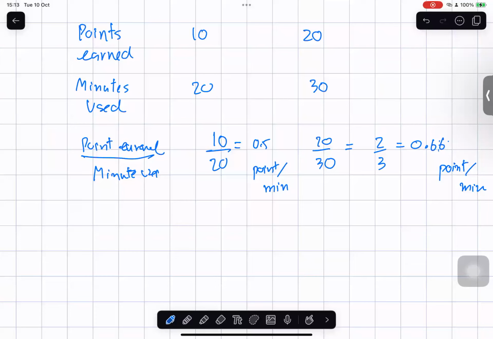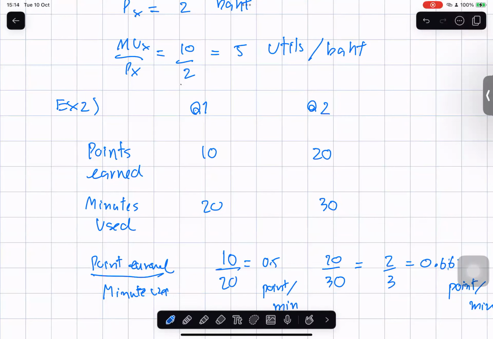So if one last minute is left to be spent, we must spend this one last precious minute on the question that generates higher additional point, which is question 2, 0.66. That's an economic rule. Now you start to get some flavor about MU over P already.